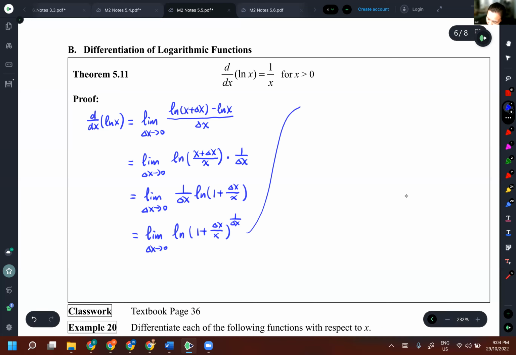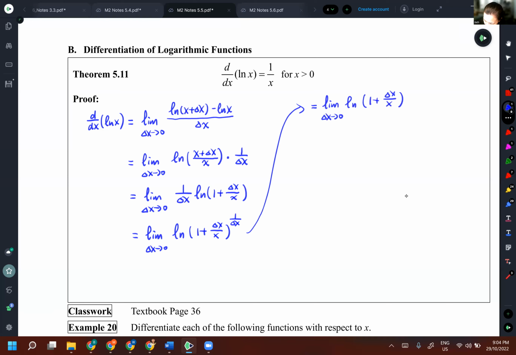And then I think you see where this is going. This is equal to limit delta x approaches 0 of log 1 plus delta x over x, and then sorry, I need to change this, depending on which one I'm using.